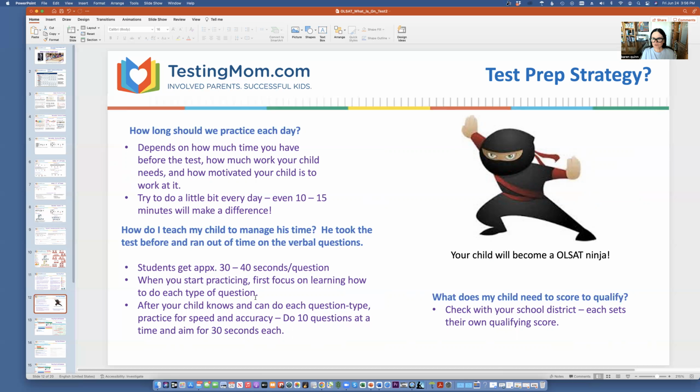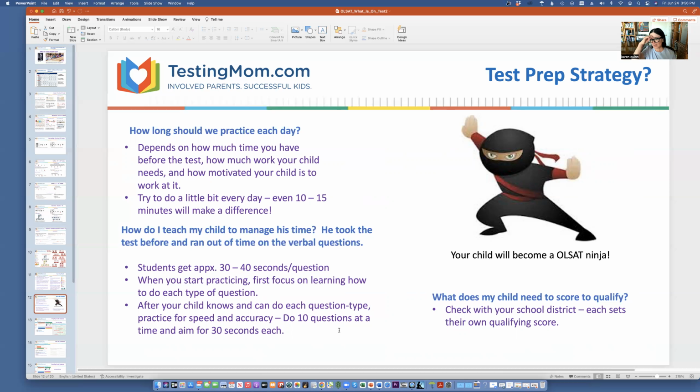And then when you get closer to the test, you can do some practice that's for speed and accuracy, where you say, okay, let's take 3 minutes and go through these questions, and just aim for 30 seconds each and see if you can get your child through the questions and that they get it right and do them quickly enough, like they're going to have to do on the real test. But don't worry about the timing at the beginning, because that's something you leave to the end.